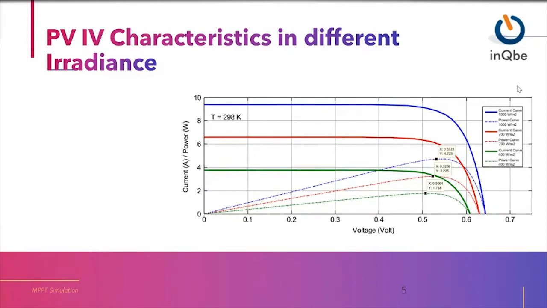Every irradiance change, the load should be automatically adjusted. Suppose we have a PV and a rheostat. In that case, the rheostat should be varied with every change in irradiance and temperature. That is the idea of MPPT tracking.